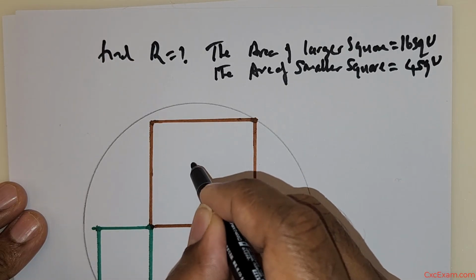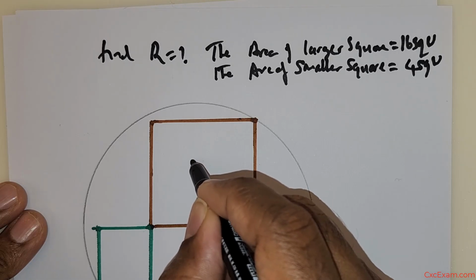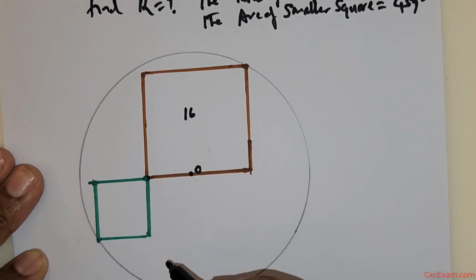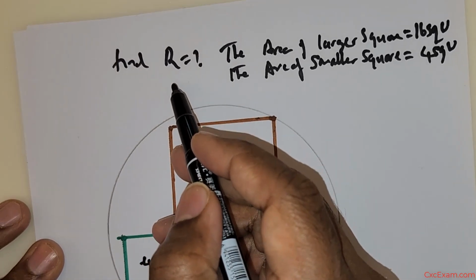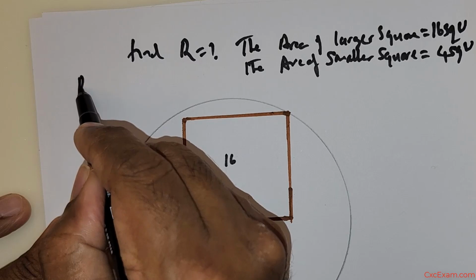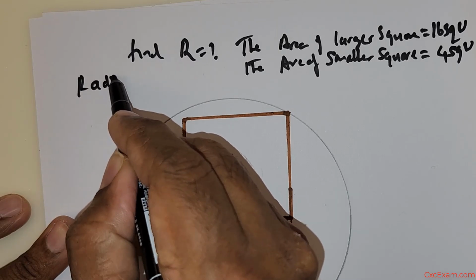So this one is 16 and this is given as 4. Now we have to find R. R is the radius of the circle.